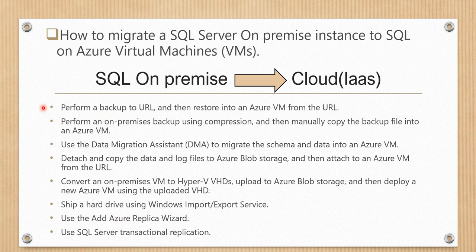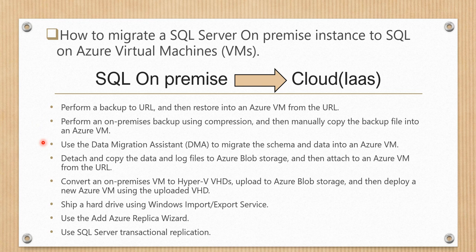In the first option, we create a storage account in Azure, take a backup to that storage account, and then restore the files. Here we manually copy the backup file and paste it in the Azure machine, and then restore. The data migration tool I'll show in the coming videos. Since this is only the introduction, I'm not covering those topics.